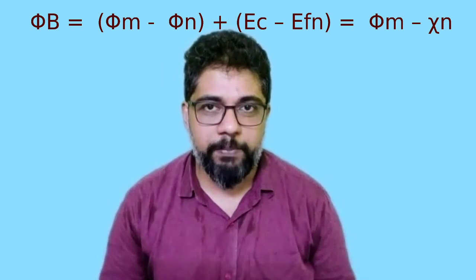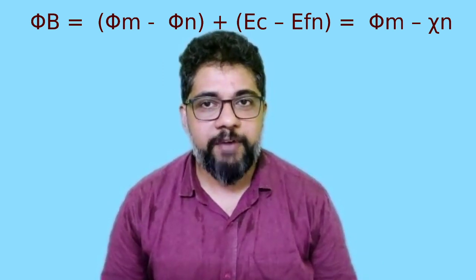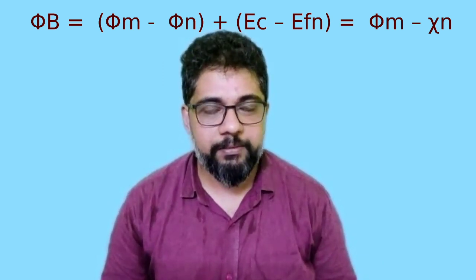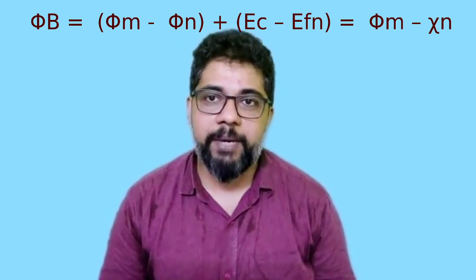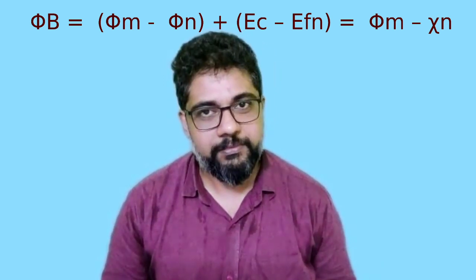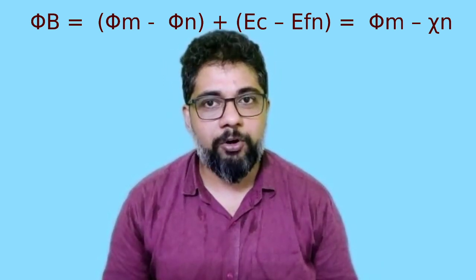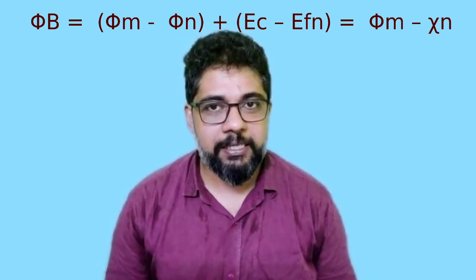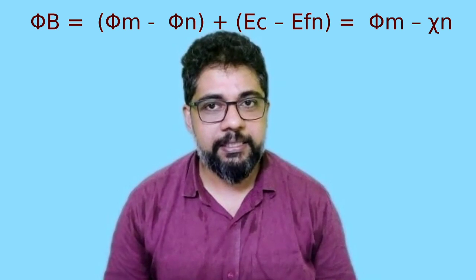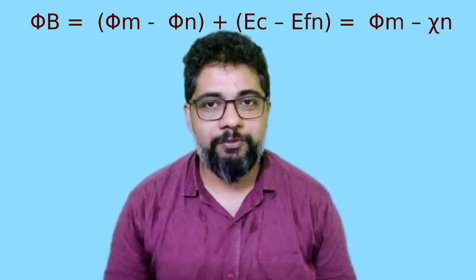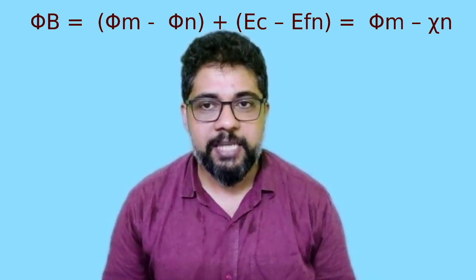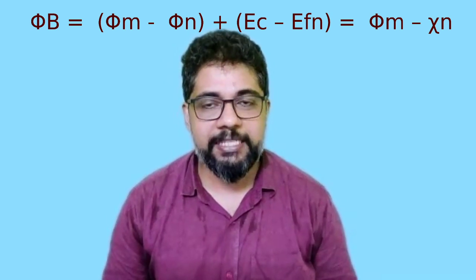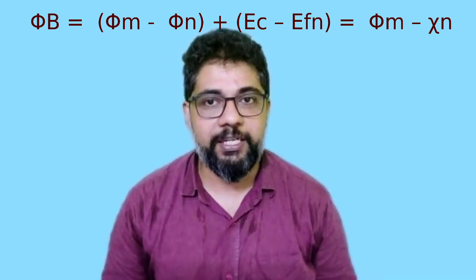So phi b is equal to phi m minus phi n plus Ec minus Efn, which is dependent on the doping concentration. This can be summarized and written as phi b is equal to phi m minus psi n. Psi n is the electron affinity.